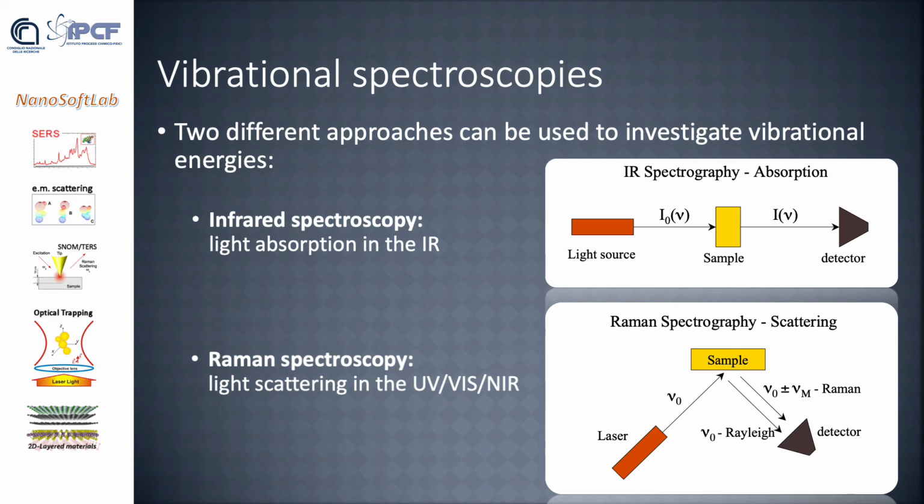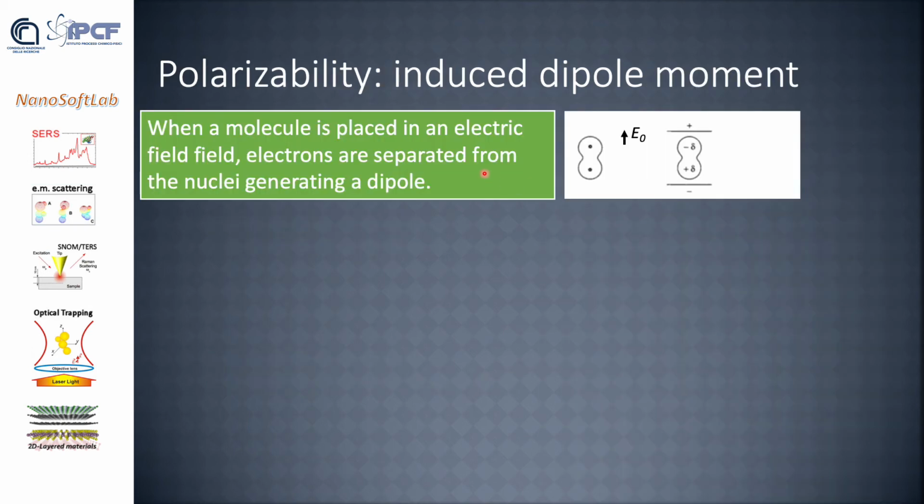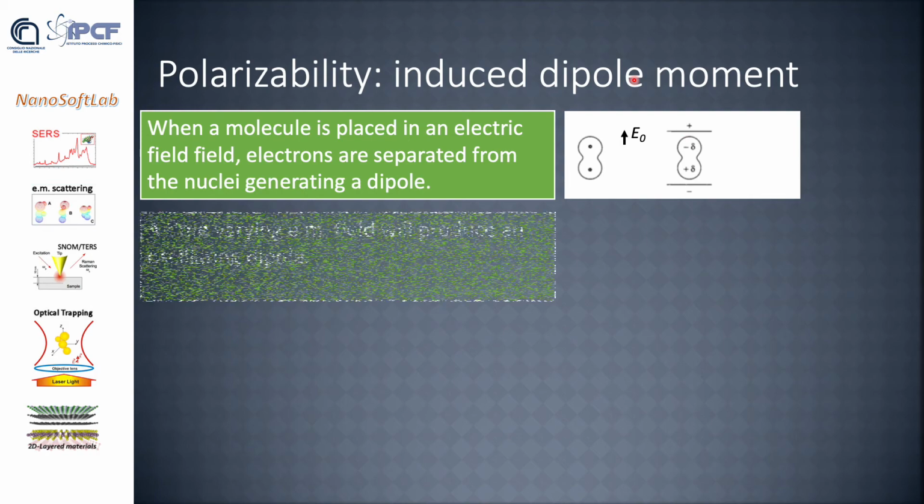To understand what Raman spectroscopy is, we have to introduce a new concept, the concept of polarizability, or induced dipole moment. When a molecule is placed in an electric field, electrons are separated from the nuclei, generating a dipole. We see here, we apply an electric field, the charges are separated.